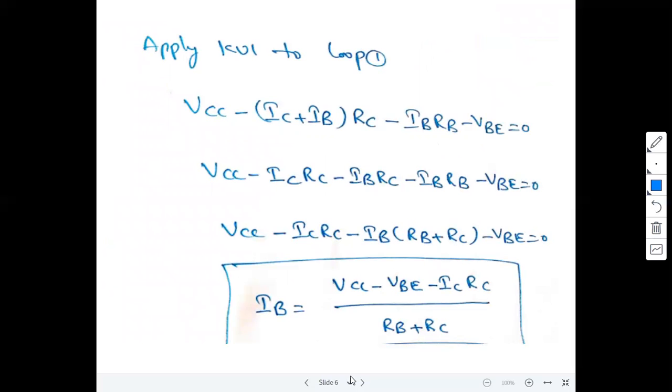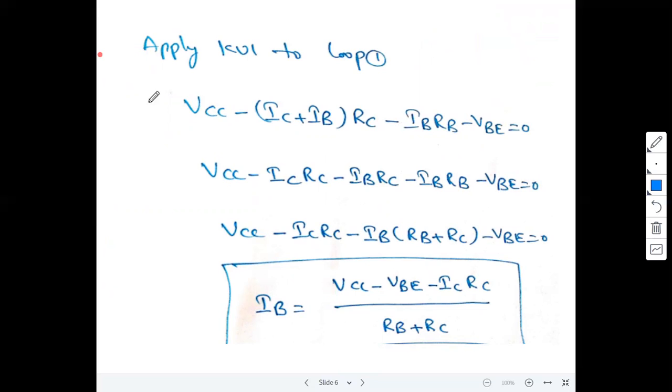Now we have to express the base current in terms of the collector current. Why? Because to derive the stability factor expression, we require the base current in terms of collector current.